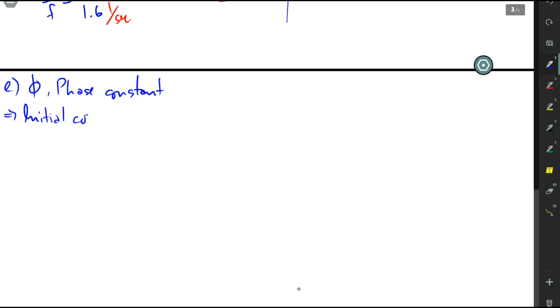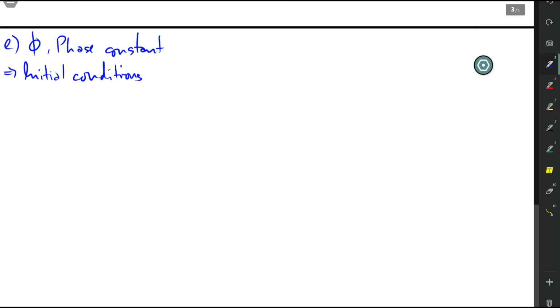You may be familiar with this technique. Just to remind you, at t equals 0, the x position was 11 centimeters. But remember, this is actually the amplitude of our displacement.